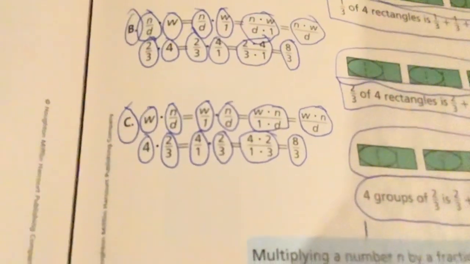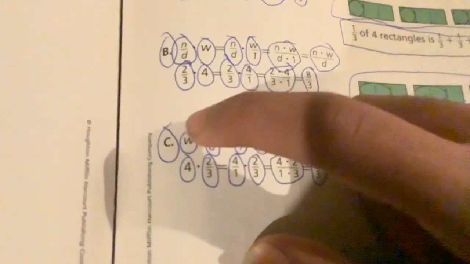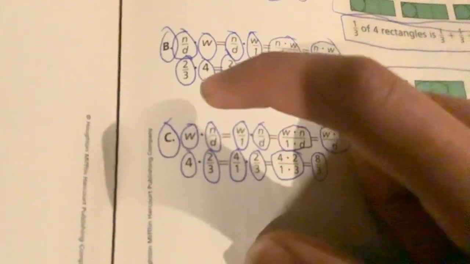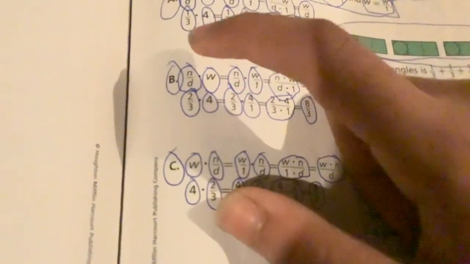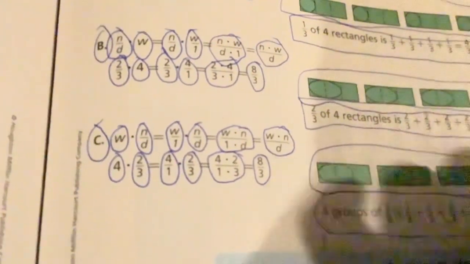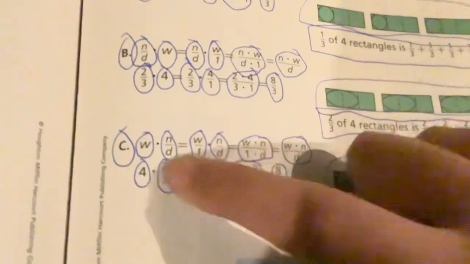Now, there is one more example, C, that indicates that you could switch equation B around, and that you could multiply any whole number by any fraction less than 1, instead of multiplying any fraction less than 1 by any whole number. So we're just switching it around. W times n over d equals w times n over 1 times d, because w over 1 is w, and n over d is obviously n over d.